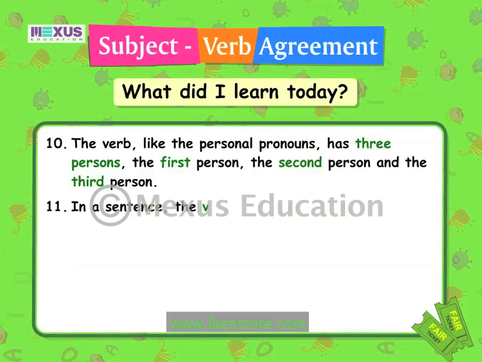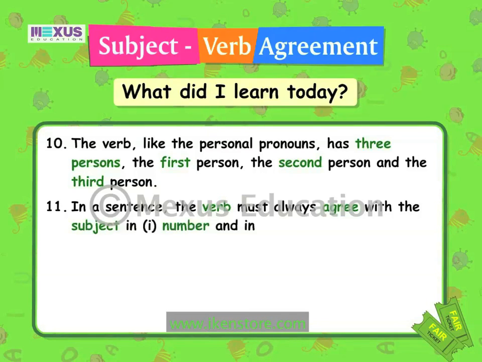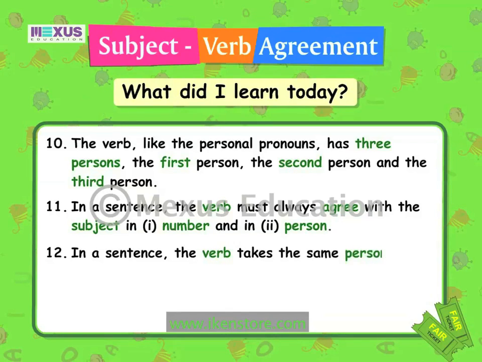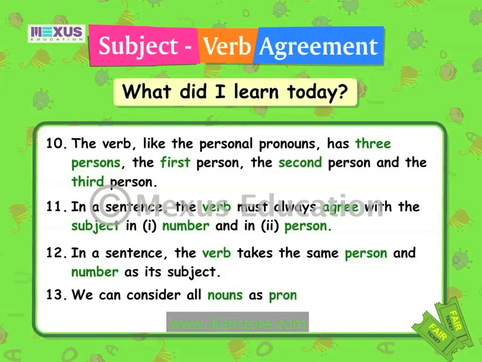In a sentence, the verb must always agree with the subject in number and in person. In a sentence, the verb takes the same person and number as its subject. We can consider all nouns as pronouns of the third person.